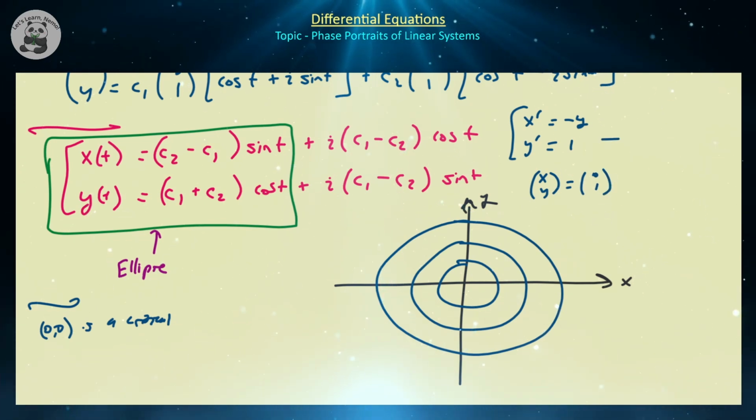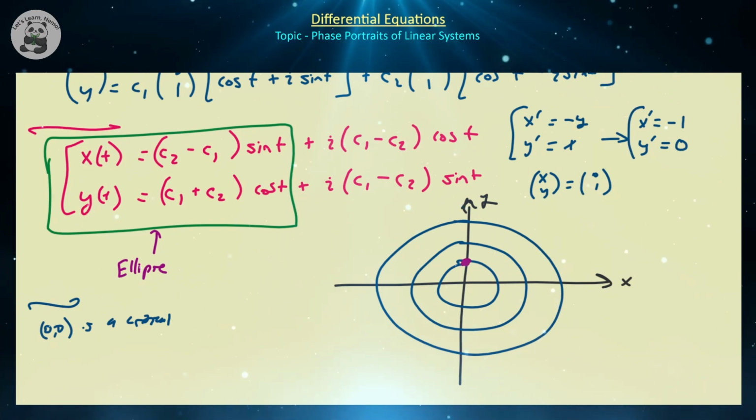So when x is equal to 0 and y is equal to 1, x prime is minus 1, and y prime will be equal to, where'd my x go? That should be equal to 0, right? So at this particular point, which way are we pointing?